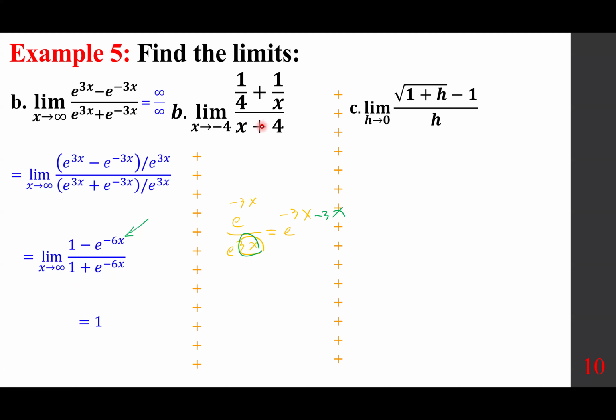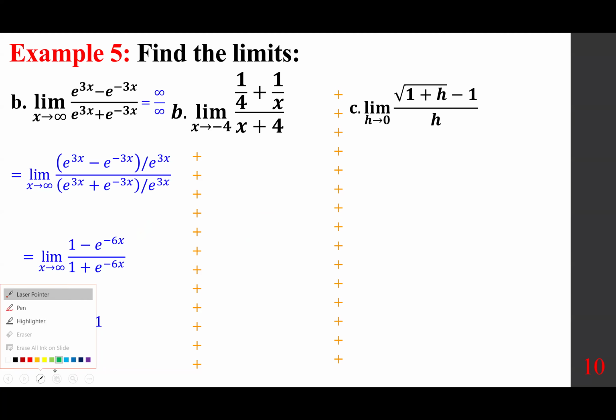You plug in, you get 0 over 0. So the technique is LCD. So let me erase this. So if you plug in, you get 0 over 0. And the technique would be LCD, which is 4 times x.